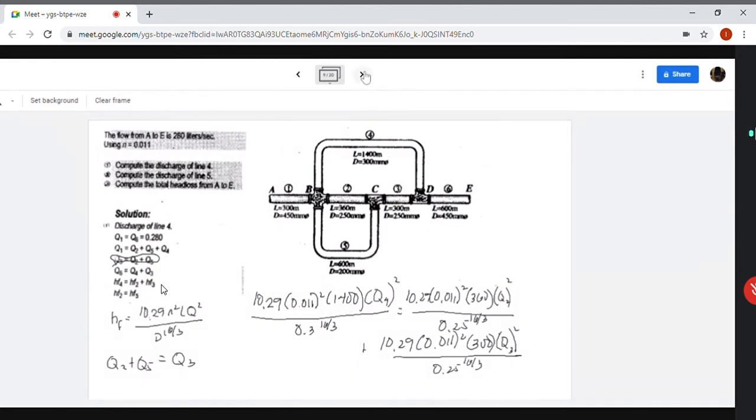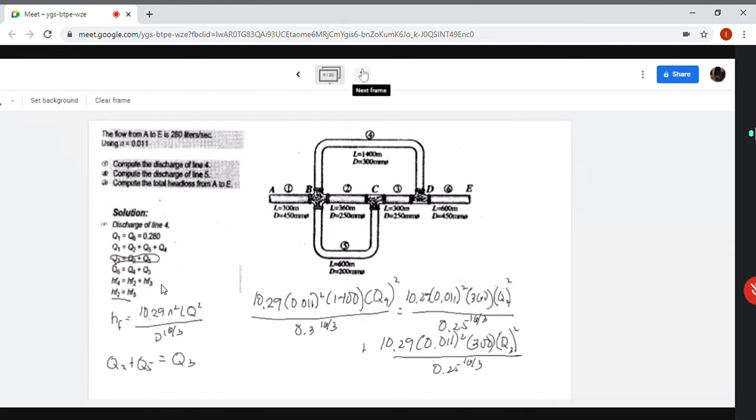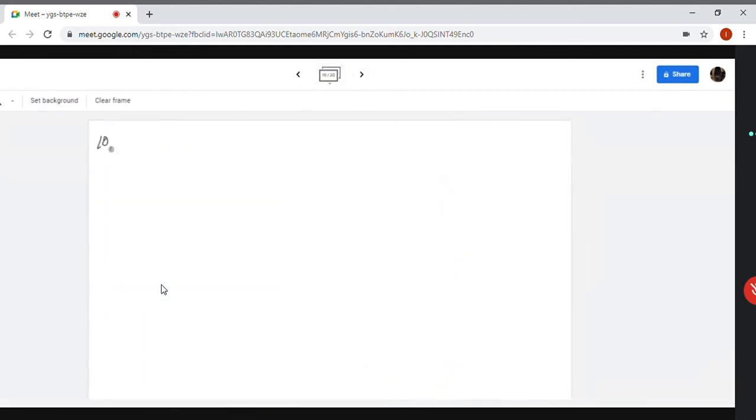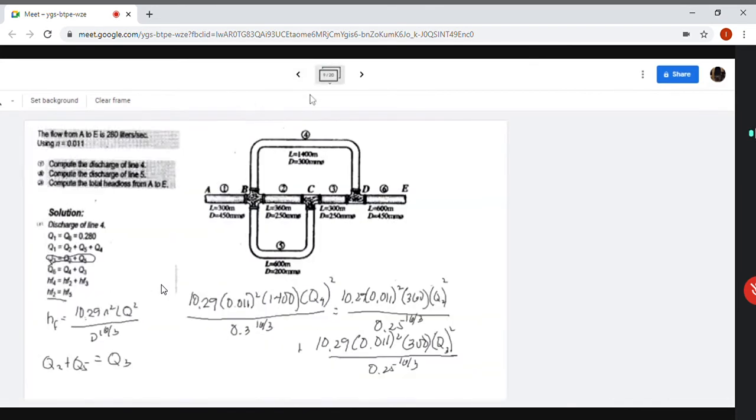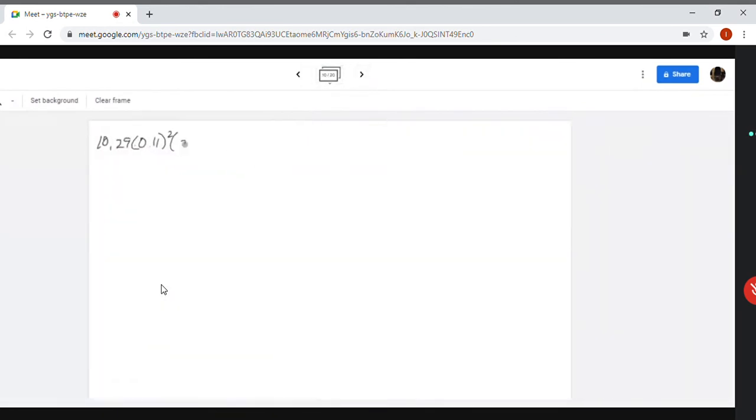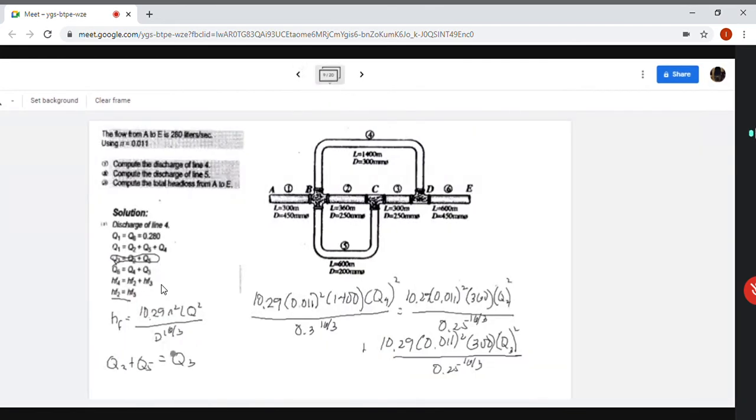Head loss 2 and head loss 5. So head loss 2 again is 10.29 times 0.011 squared times 360 q squared over 0.25 to the 16 over 3 is equal to 10.29 times 0.011 squared times 600 and 200 mm.